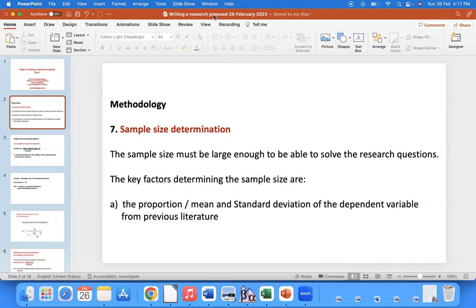Understood? Please note down: alpha error should be less than 5%. Beta error should be less than 20%.